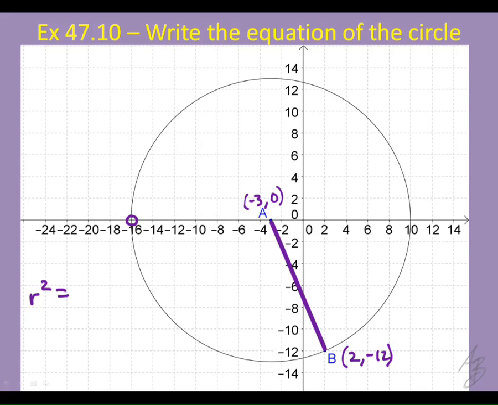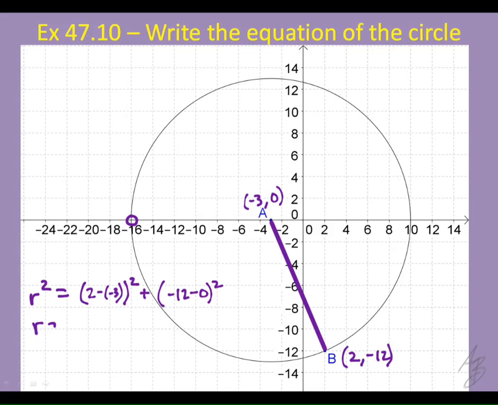Yeah. Okay. So we're going to have x2 minus x1 in the first parentheses. What are we going to call x2? 2 or negative 3? 2. Okay, so we're going to have 2 minus negative 3, plus negative 12 minus 0 squared.